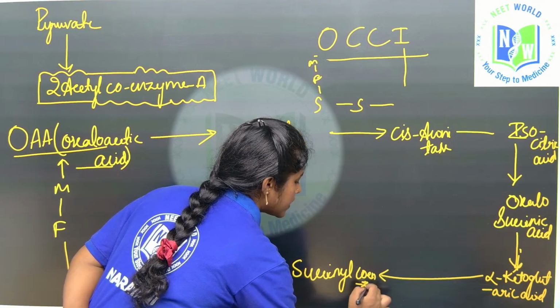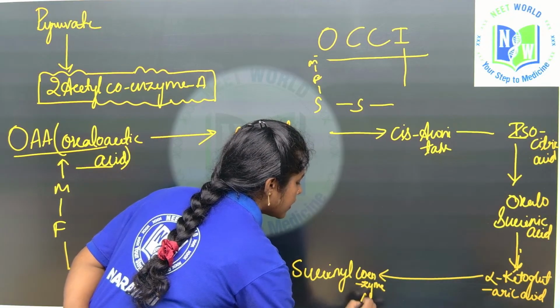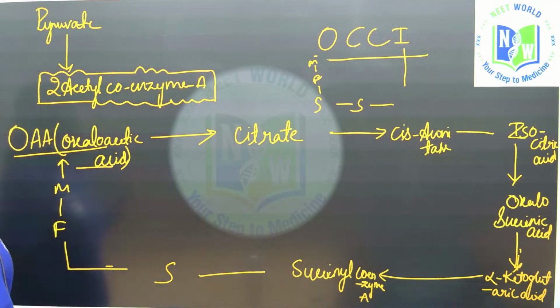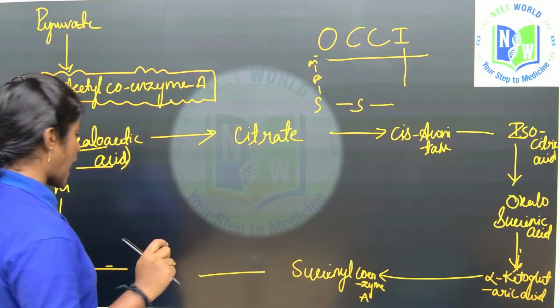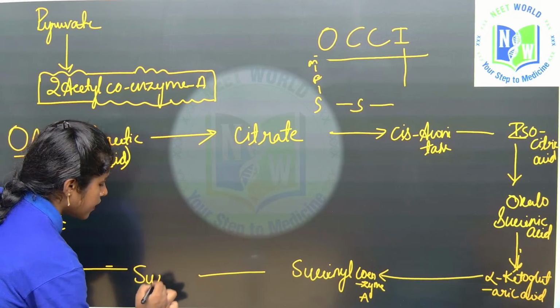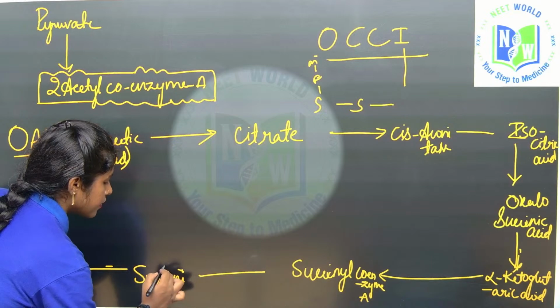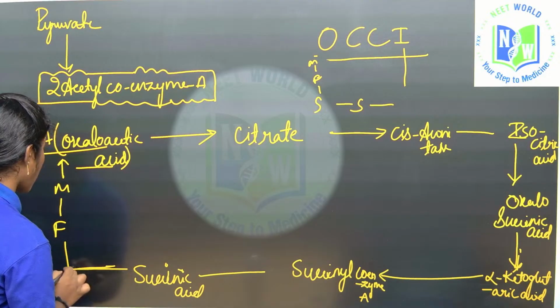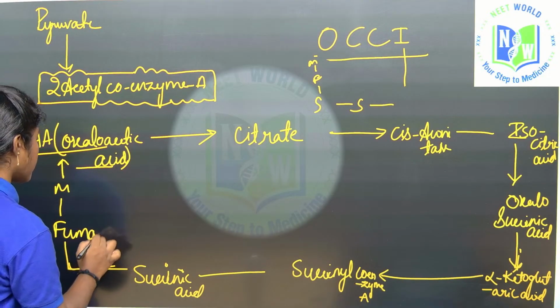When the coenzyme A is coming in, there is a condensation process happening. Remember that. So here is the S square, right? Succinic acid. Then it forms fumaric acid.